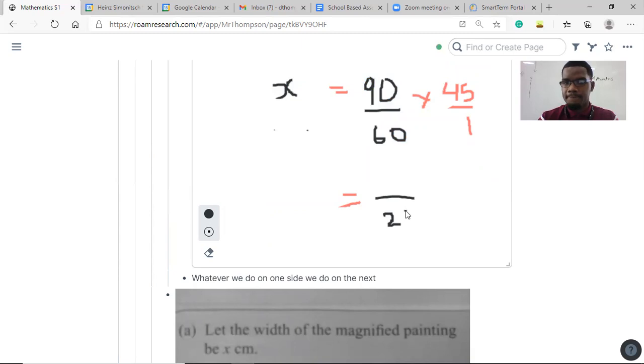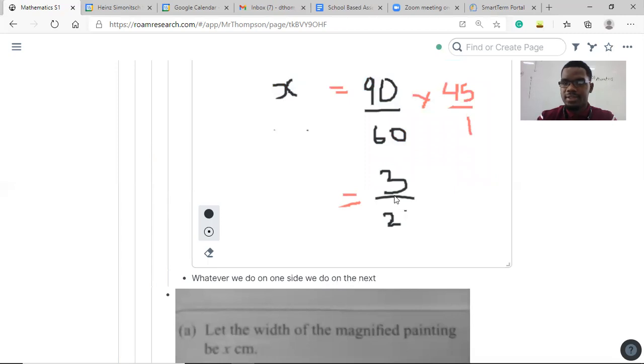Right? Then now we're going to say 3 can go into 9 3 times, or 30 can go into 90 3 times. Right? So this is the same as 90 divided by 60. We call that an equivalent fraction.